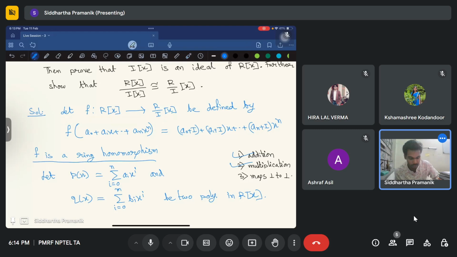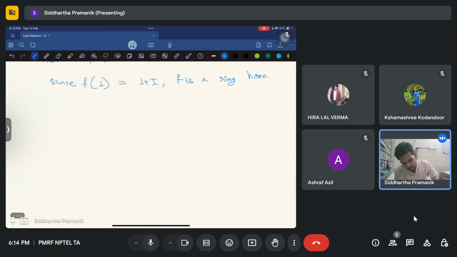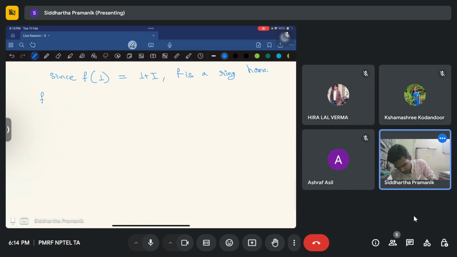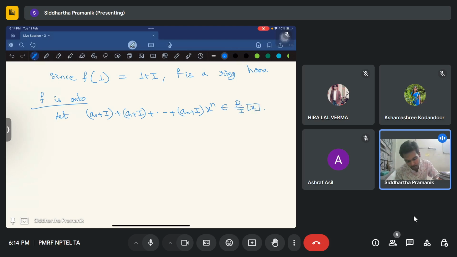Now let's see it's onto. Ontoness is also clear. So let's prove f is onto. Let's take an element (a0 plus I) plus (a1 plus I)x plus ... plus (an plus I) x^n belonging to the ring (R mod I)[x]. So what will be the pre-image of this element?